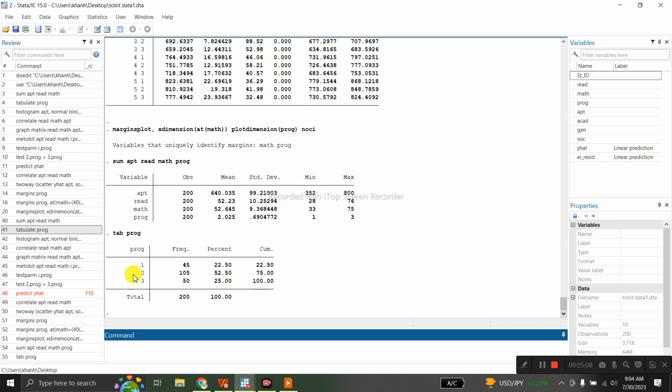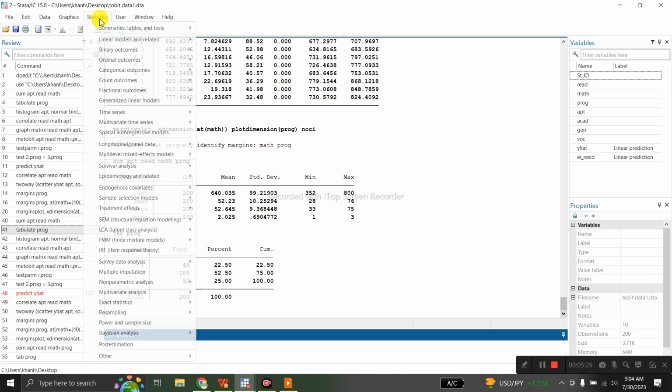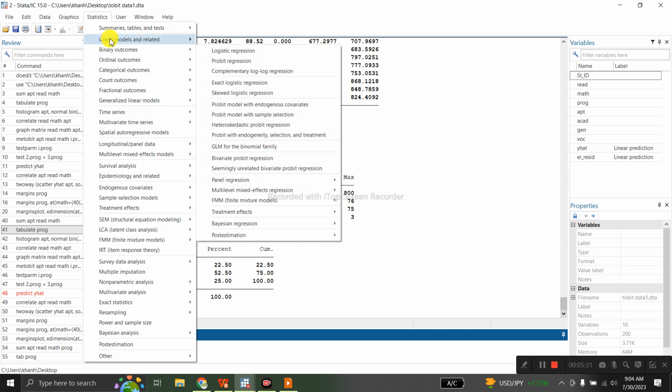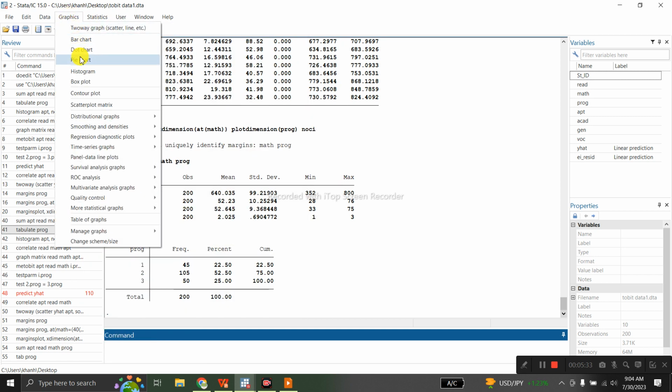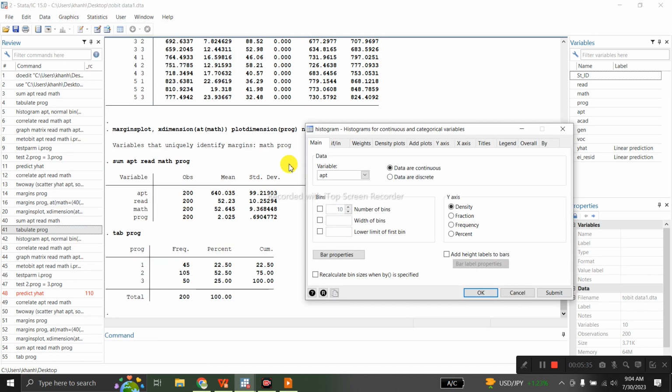So one stands for academic, and the total number of students in this program is 45. In general there are 105 students, in vocational there are 50 students, and the total number of students is 200. After this, let me check the histogram of my dependent variable.